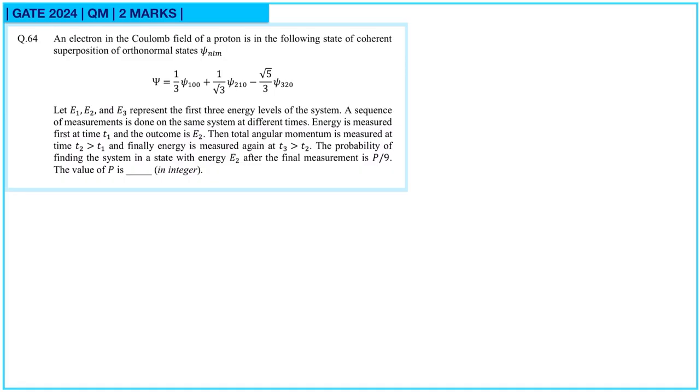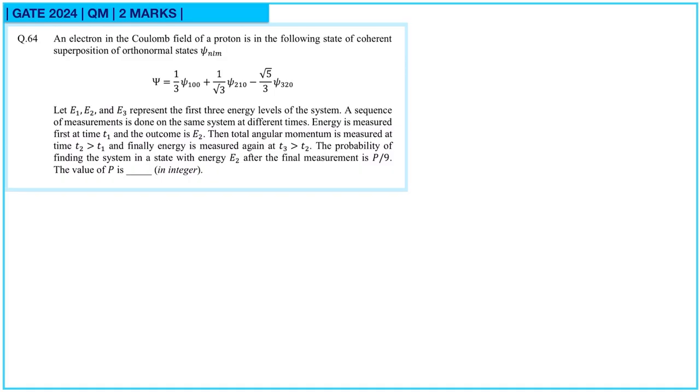Energy is measured first at time t1 and the outcome is E2. Then total angular momentum is measured at time t2 greater than t1, and finally energy is measured again at t3 greater than t2. The probability of finding the system in the state with energy E2 after the final measurement is p by 9. What is the value of p?